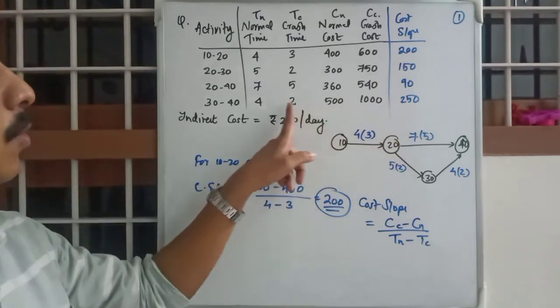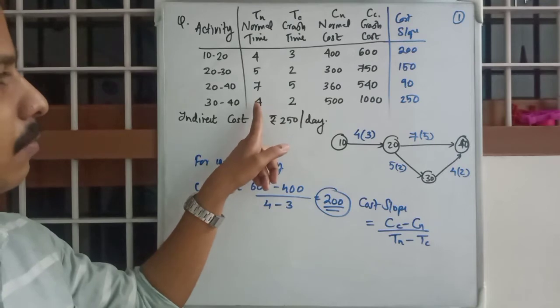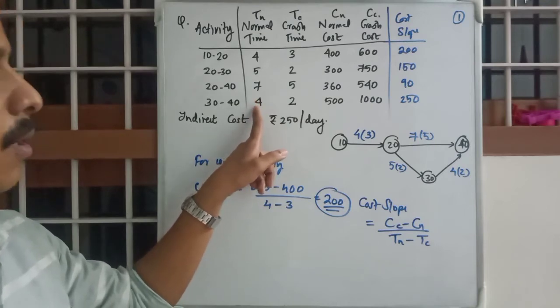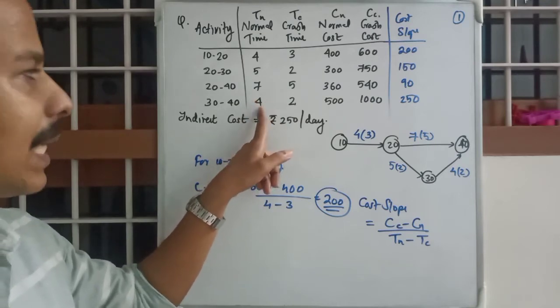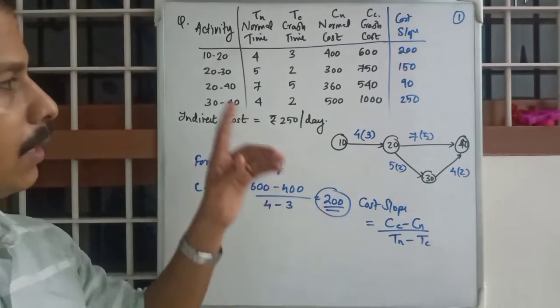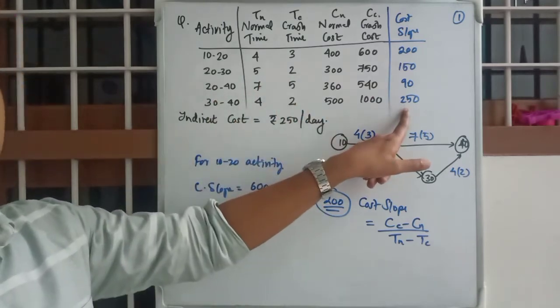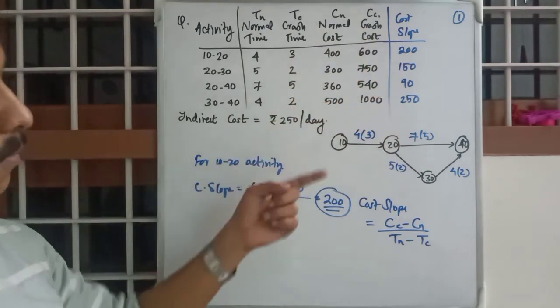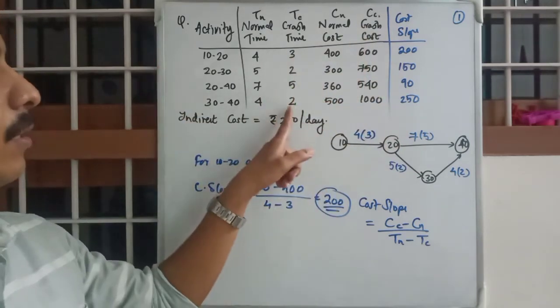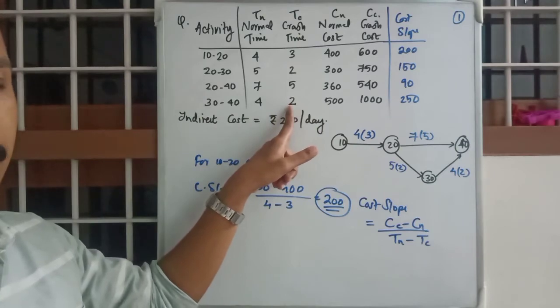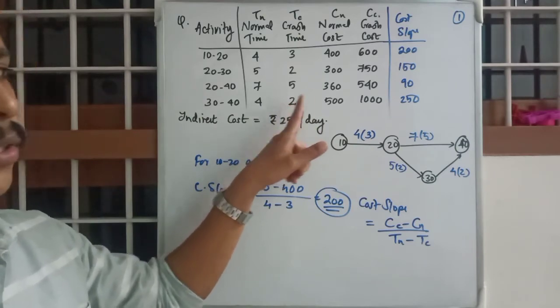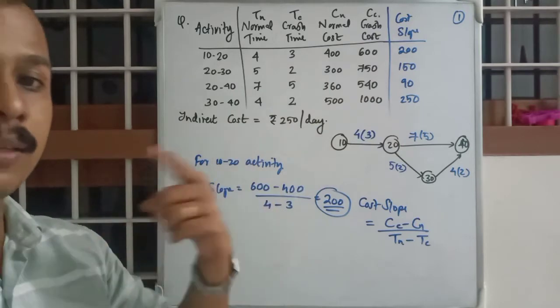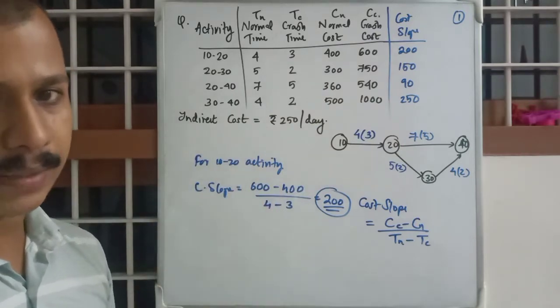If you make this 4-day activity into a 3-day activity, you have to pay 250 rupees direct cost, and if we crash it again and make it 2 days, you will again have to pay 200 rupees.